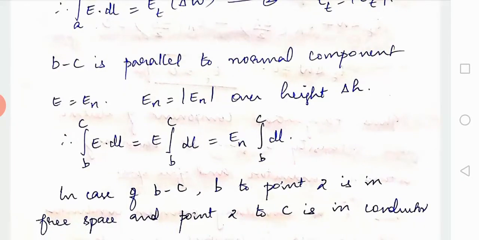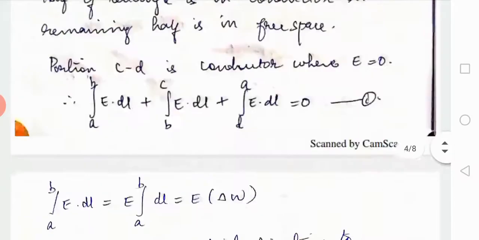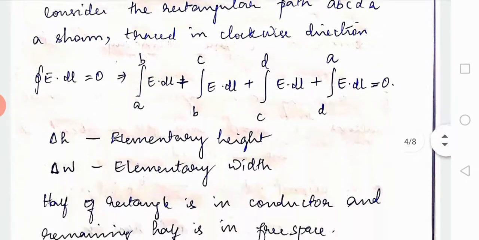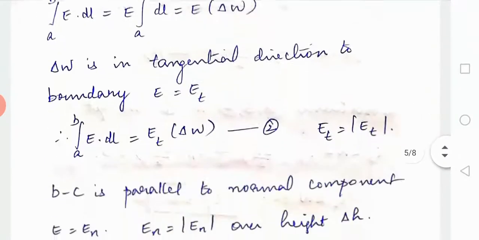It is normal, so E is replaced as En. Now in the case of BC, B to point 2 is in the free space, and from point 2 to C is in the conductor. You can see from the figure there are 2 points marked at the interface, 1 and 2. So while taking the path BC, it can be divided into B to 2 and 2 to C.